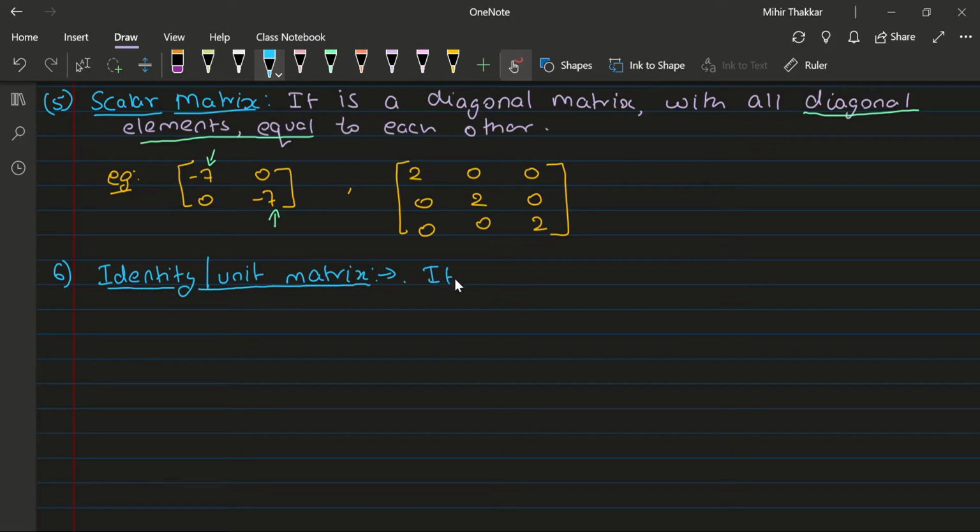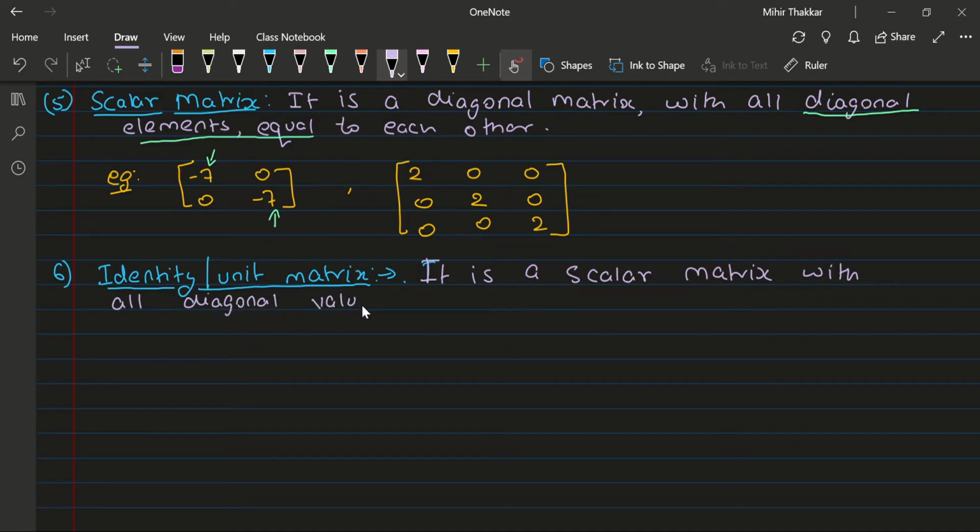Again, it is a scalar matrix with all diagonal values equal to 1 and obviously remaining elements equal to 0.